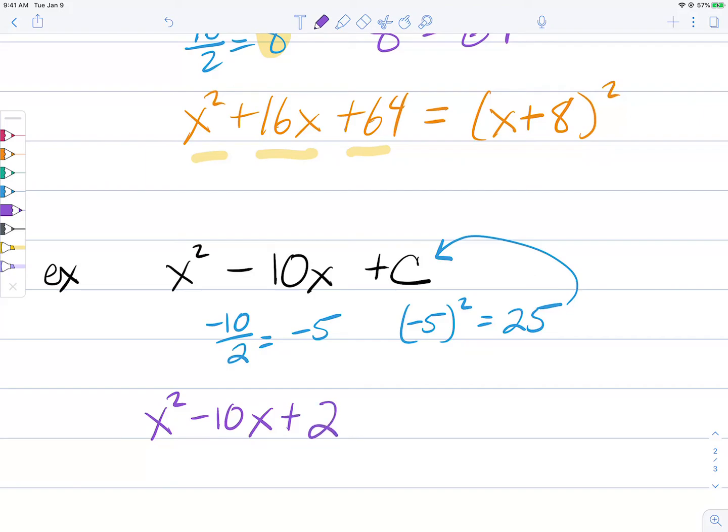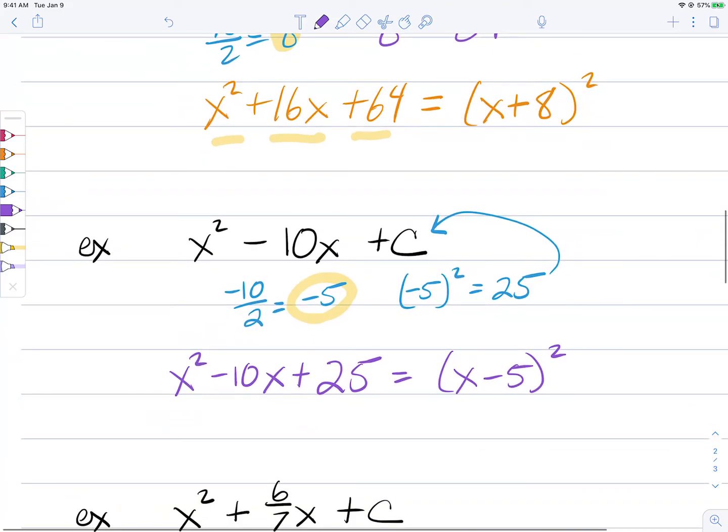So if I wanted to write a trinomial square that starts off with x squared minus 10x, I would need plus 25. Now keep in mind, this right here is the key to our factored answer, that b divided by 2, because that makes it x minus 5 squared. So factored is x minus 5 squared.